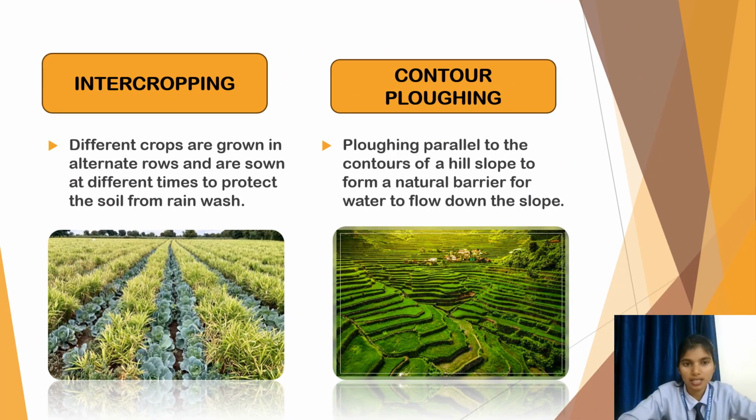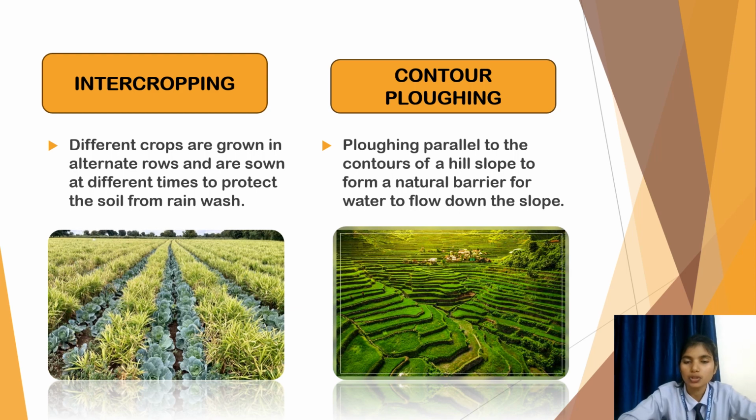Next is intercropping. It is also a type of farming in which a lesser amount of water is required to grow crops and it also helps protect the soil from rain wash. Different crops are grown in alternate rows and are sown at different times to protect the soil from the rain wash.